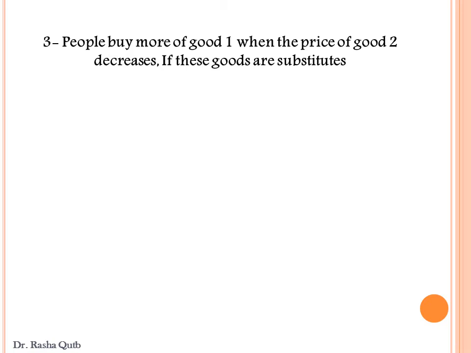This sentence is false. We know that when we have two products that satisfy the same needs, they can replace each other. In this case, we call these goods substitutes. In this case, when the price of good 2 decreases, people will buy less of good 1.